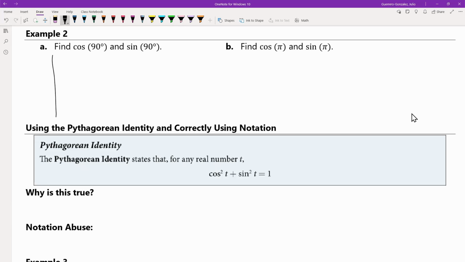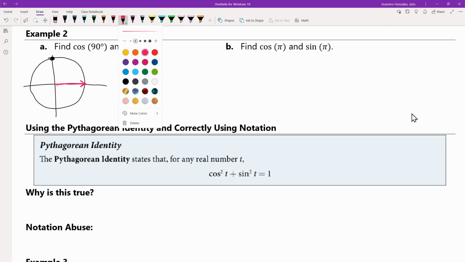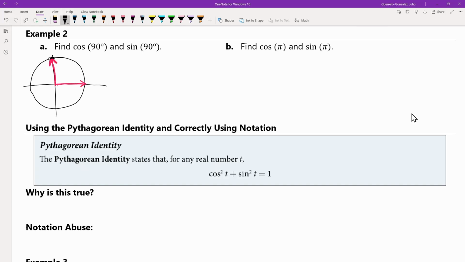We have to go back to our unit circle. 90 degrees starts here and ends up here. Just by looking at this, we know what this point is going to be. This point is going to be 0, 1. That automatically gives us sine and cosine.